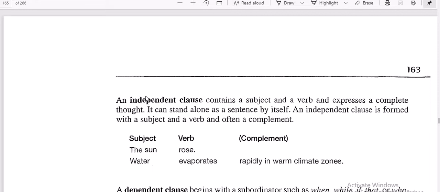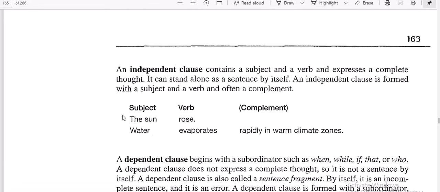It doesn't need any clause to complete its meaning or its thought. Okay, here are two examples of independent clauses. The first: the sun rose. "The sun", of course, is the subject, and "rose" is a verb.